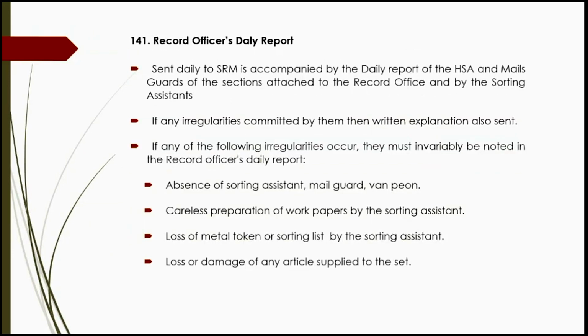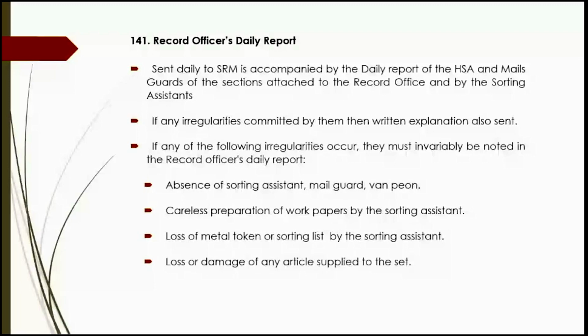So we saw how a record officer examines the daily report submitted to him. He has to submit his daily report to the superintendent of RMS. As per the periodicity we saw, he is going to send it daily to the superintendent, who is his superior.